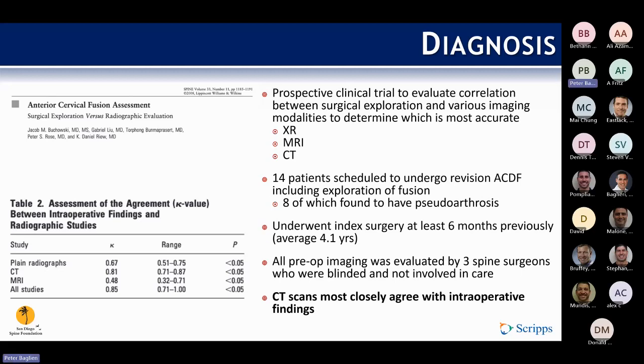The takeaway is really that all these pre-op imaging studies were evaluated by 3 different spine surgeons who were not involved in the patient care, and then that was correlated with their intraoperative findings. As you can see in the table on the bottom left, even the best, which was CT, did not correlate 100% with fusion. So intraoperative findings are still the gold standard.